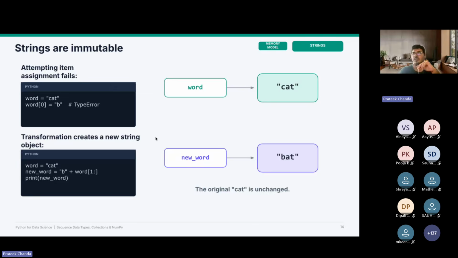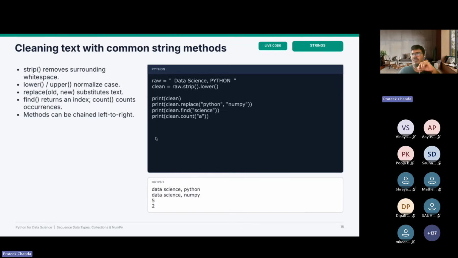So these are very small examples, which may not be important right away. If you are given a string of text and want to remove white spaces, you use something called strip, which strips the entire string and gives you back the corresponding actual keywords, for example data science and Python.